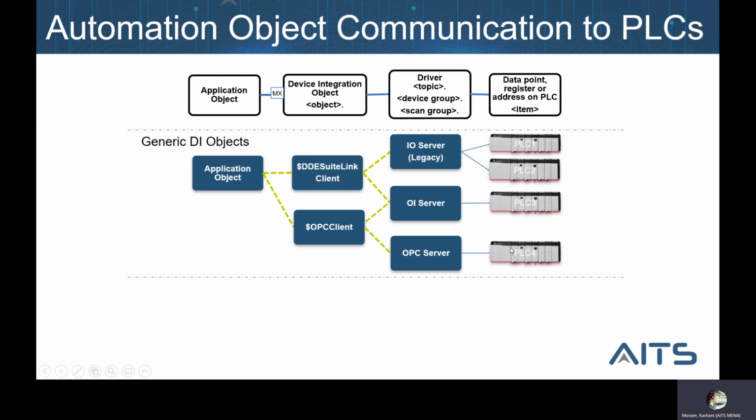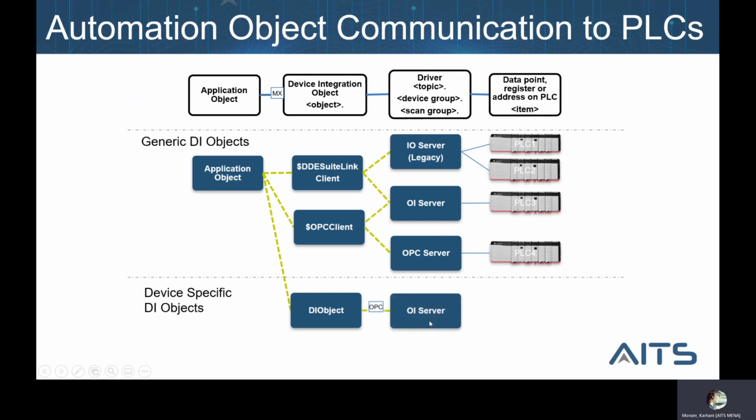In a special object, we call it device-specific DI object. When an application object will communicate to a DI object, inside the DI object I configure everything related to the PLC, not from the driver, because the DI object will create its driver on OI server with the PLC.